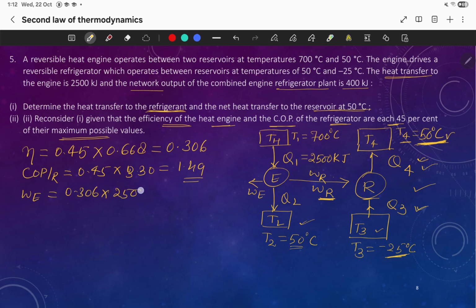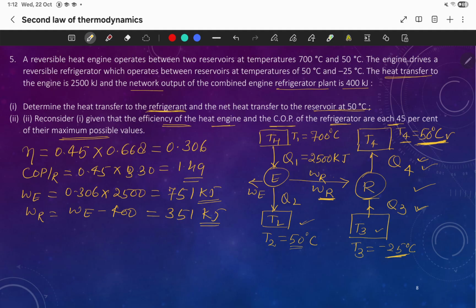Q1 was this, so we will get the answer as 751 kilojoule. And for refrigerator work we know that net work was 400, so refrigerator work will be WE minus 400, so this will be 351 kilojoule.